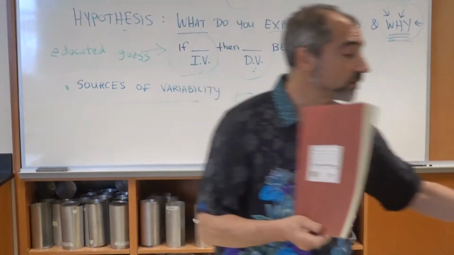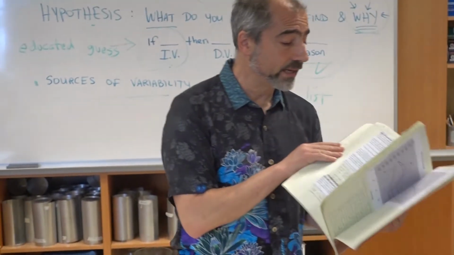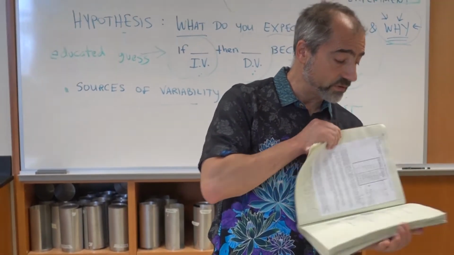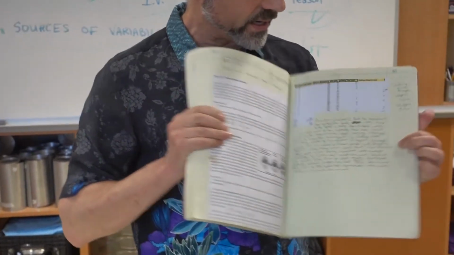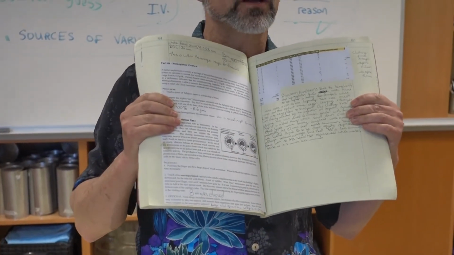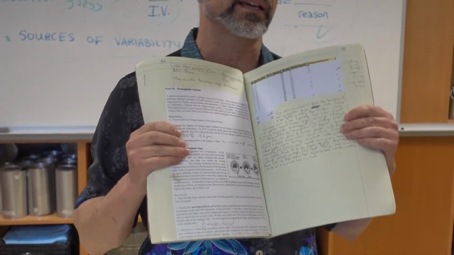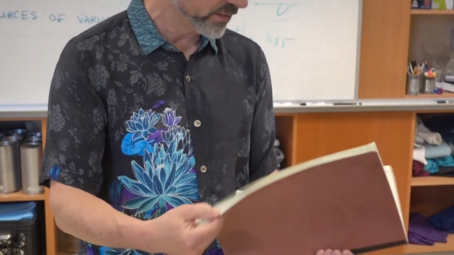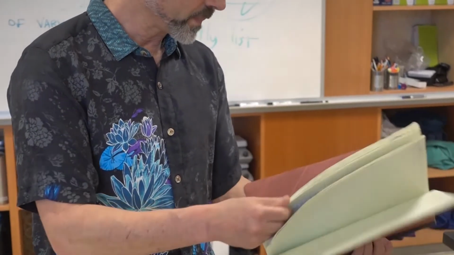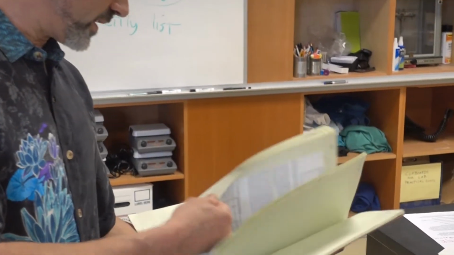You have to write your lab notebook in pen. These are examples of lab notebooks. Pen, because this is true and honest. You can't go back and erase something. It's like, oh, I meant that. So if you are going to get rid of things, you just put lines through them. Let me see if I've got examples of that.